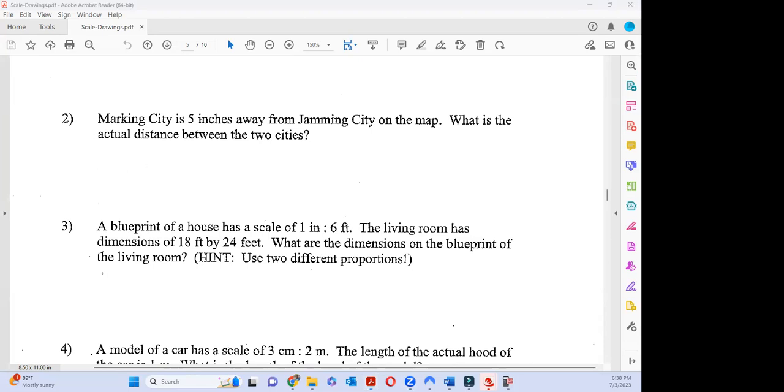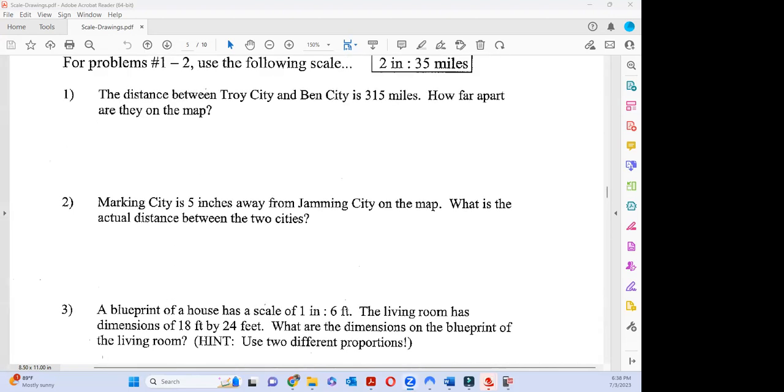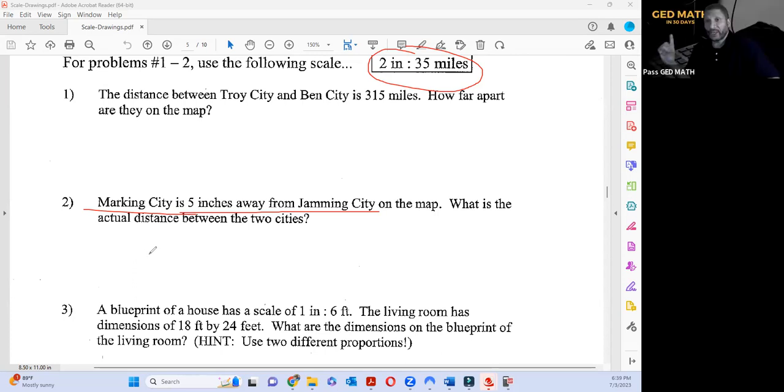Of course, well, like you said, identify what was given, so we know it's 5 inches away from jamming city. Okay. We're still going in miles, so we're going to go with the 35. Yeah. So the 35 will go over x. No, see. So again, identify the ratio that you know.